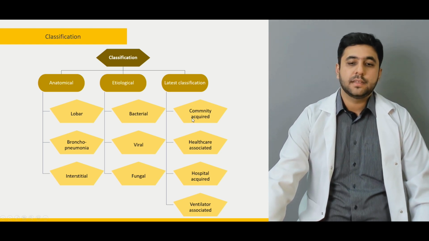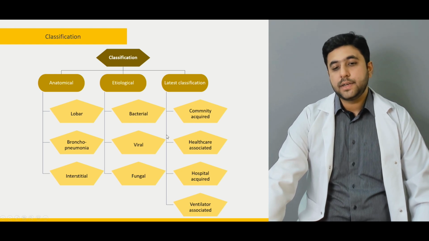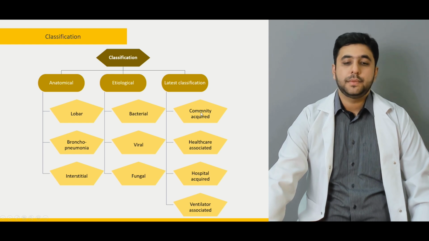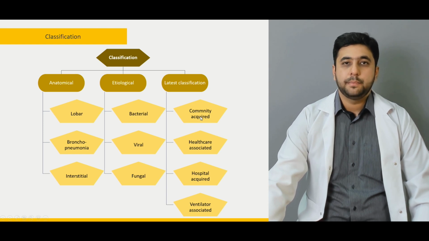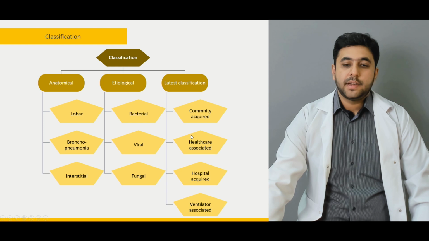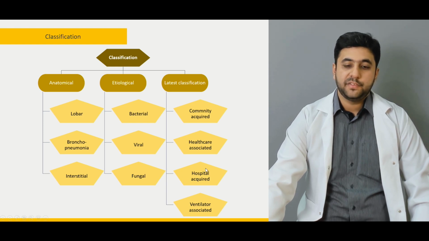These pneumonias are acquired most majorly in the community, and another way to differentiate them is that the treatment modalities needed for community-acquired pneumonias are generally very simple. As far as healthcare-associated pneumonia is concerned, it generally involves hospital-acquired infections and especially ventilator-associated infections.